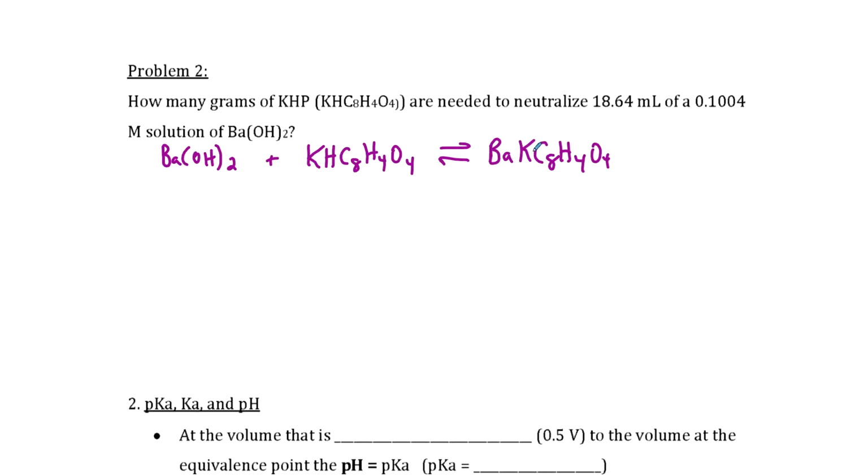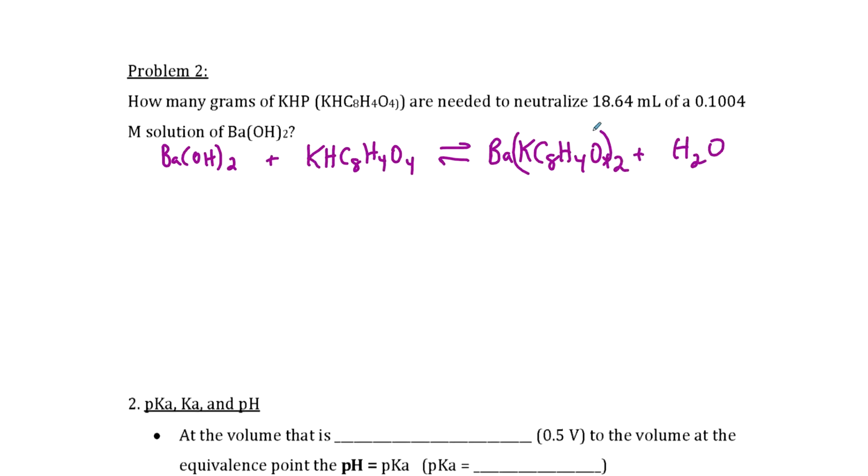Okay, and then plus the hydrogen is going to hook up with the hydroxide to give us water. Oh yeah, and barium, this is a negative ion. Oops. And it's like a -1 charge, and barium's a +2. So you'd need a 2 there.